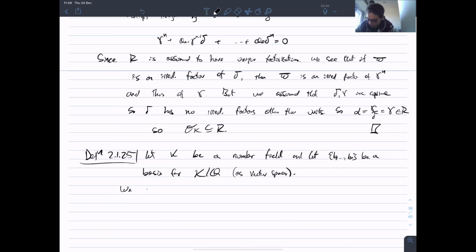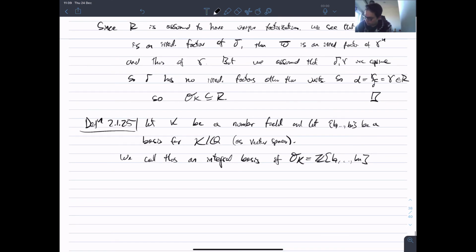We call this an integral basis if the ring of integers OK is the same thing as Z b1, comma, bn, which I'll remind you is the set of elements that look like x1 b1 plus through xn bn such that the xi's are in Z. As a set, that's what it looks like. So I call it an integral basis.